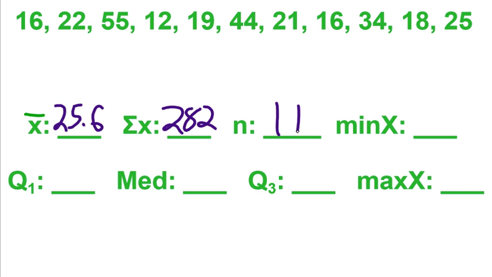What is our minimum? Minimum, we get 12, first quartile. Median. Median is 21.